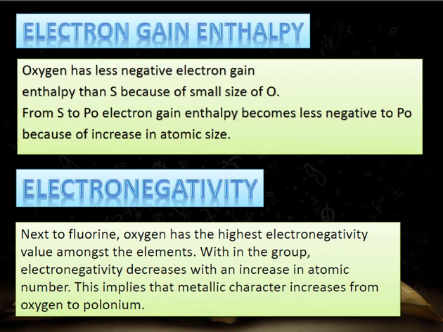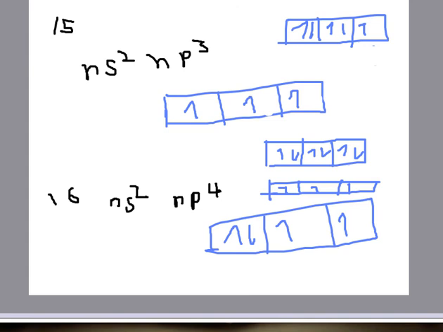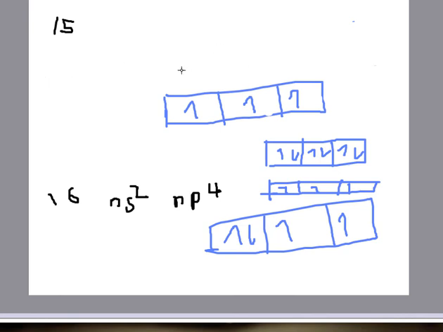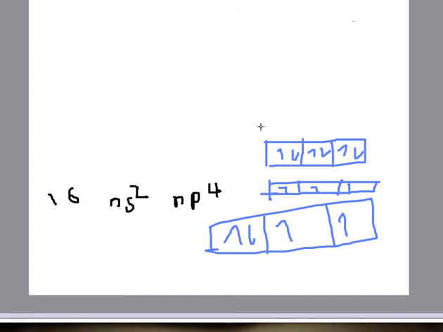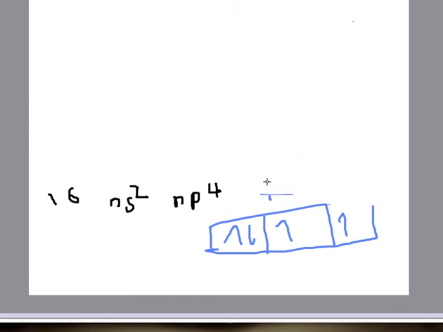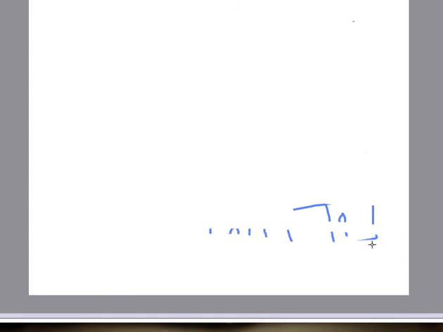Electron gain enthalpy is actually like a carry bag. If a carry bag is small, it carries fewer items. If a carry bag is big, it contains more items.